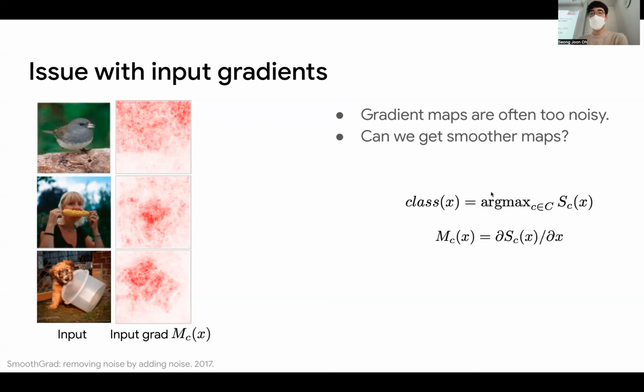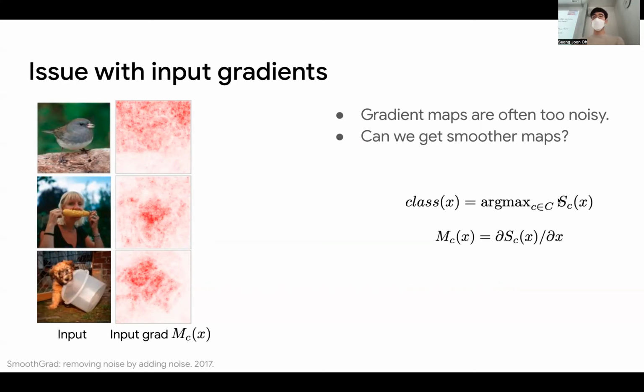By the way, you visualize those input gradients by taking the max across the three channels RGB, because otherwise you're going to get a heat map with three colors, R, G, and B. But ideally, you wish to look at the pixel-wise contribution to the prediction.